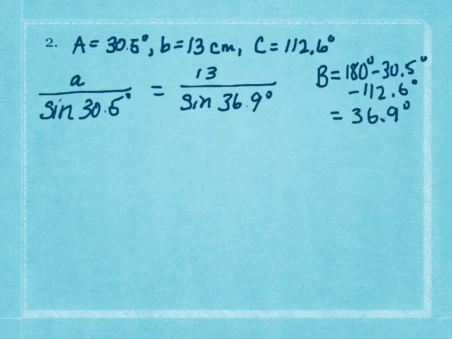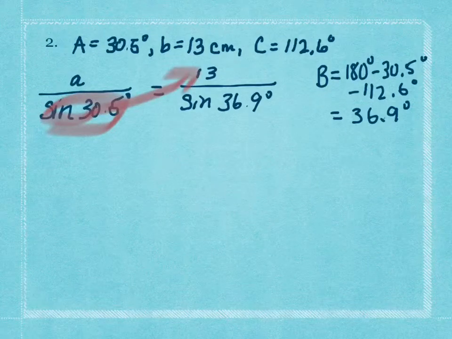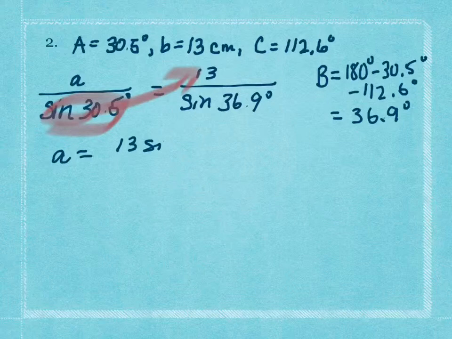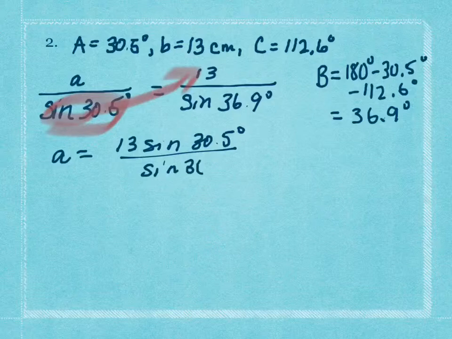Perfect. All right, so we have A over sine 30.5, 13 over sine 36.9, and we should be able to either cross multiply or simply multiply, right, by this piece to the other side. So I have A equals 13 sine of 30.5 degrees over sine of 36.9 degrees.